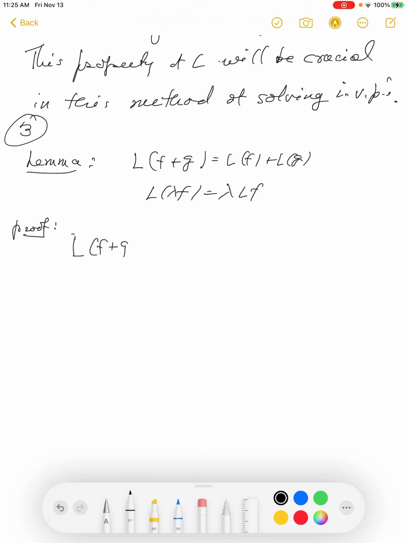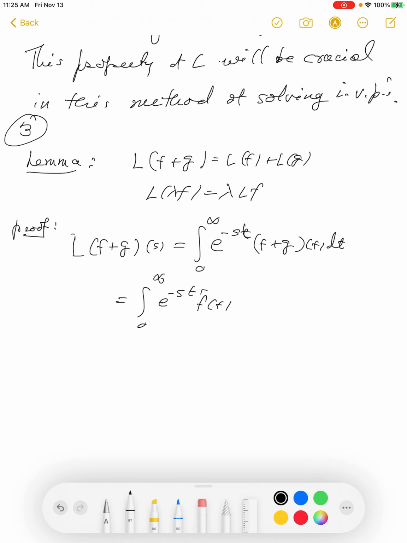because what is L of f plus g at s? This is integral 0 to infinity e to the minus s times t, f plus g at t dt. And this is simply, you know how this is going to go. This is ft plus gt.